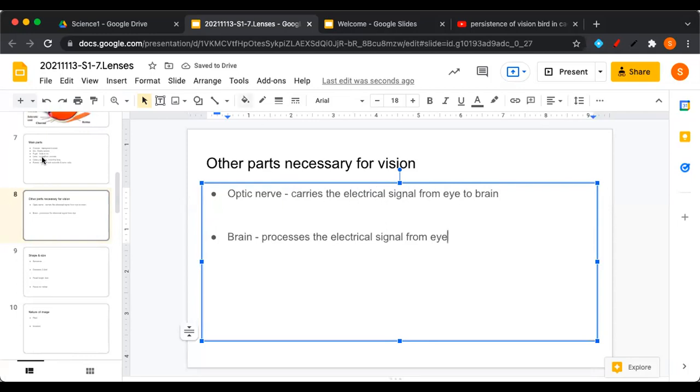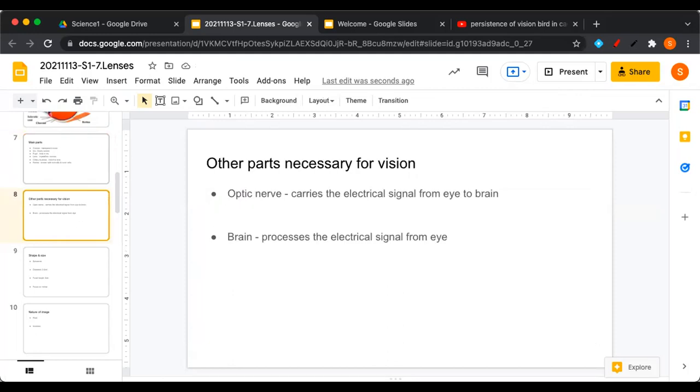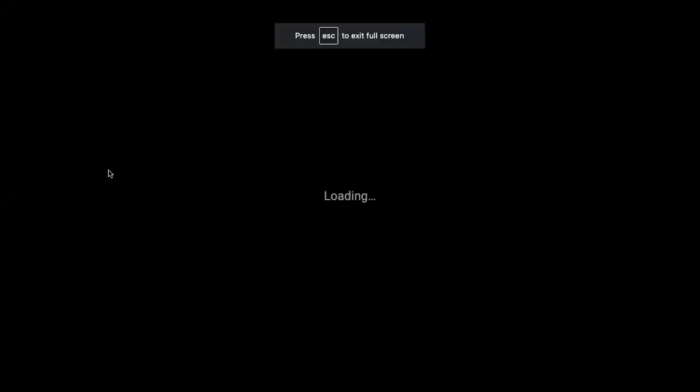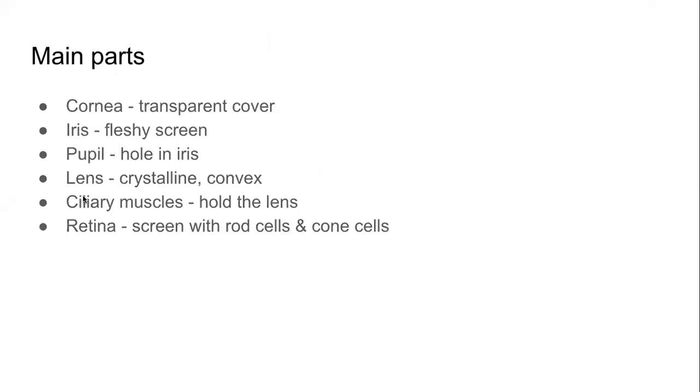And this is the main construction and working of the eye. We still haven't seen the details of how it actually happens. But overall, light is there outside. Light enters the eye through the pupil.